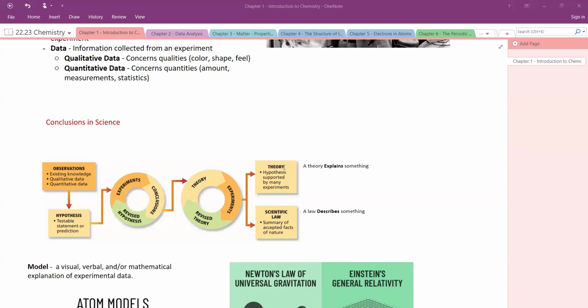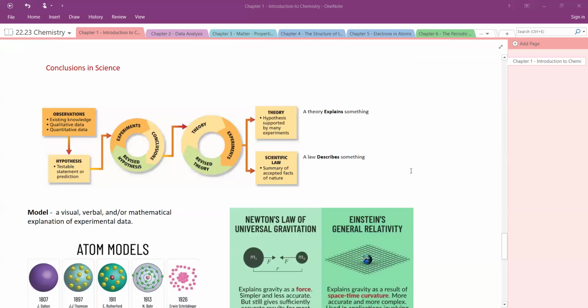A theory being a hypothesis supported by many experiments that explains something, and a law being a summary of accepted facts of nature. And this would be a description of something. So theory explains, law describes. And that's how we produce our endpoints of science, really, our theories and laws.